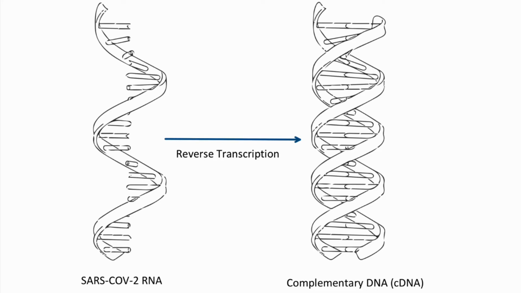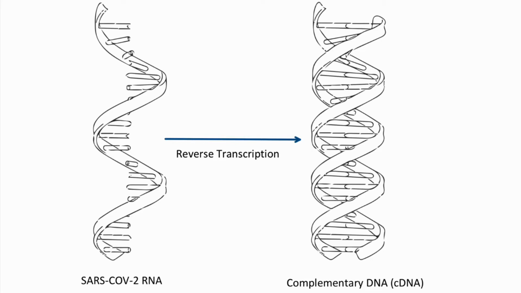So a step that is additionally needed for this specific virus is reverse transcription, which means the conversion of RNA, viral RNA, into DNA, which can then be amplified by normal PCR processes. The result of this process is the production of complementary DNA, or cDNA, which would then be used as normal DNA in the PCR process.